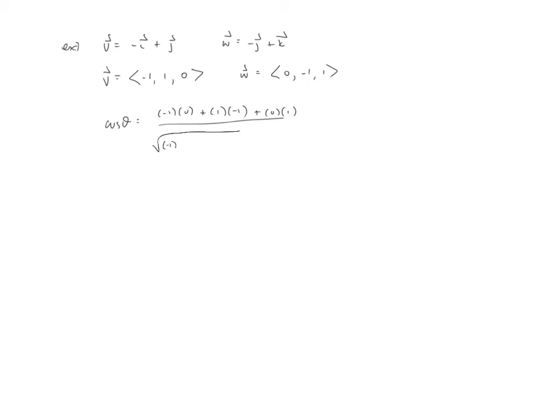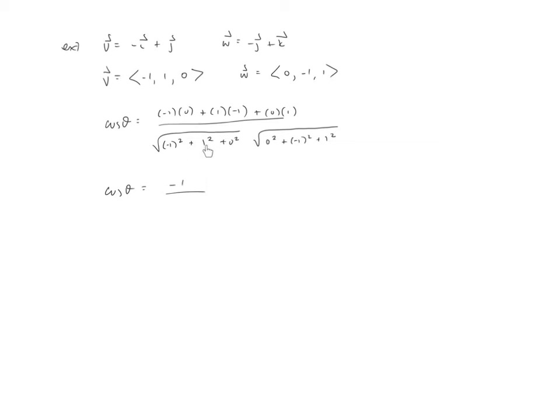We're going to have -1 squared plus 1 squared plus 0 squared, and then 0 squared plus -1 squared plus 1 squared. This would be the magnitude of v, and this is the magnitude of w.